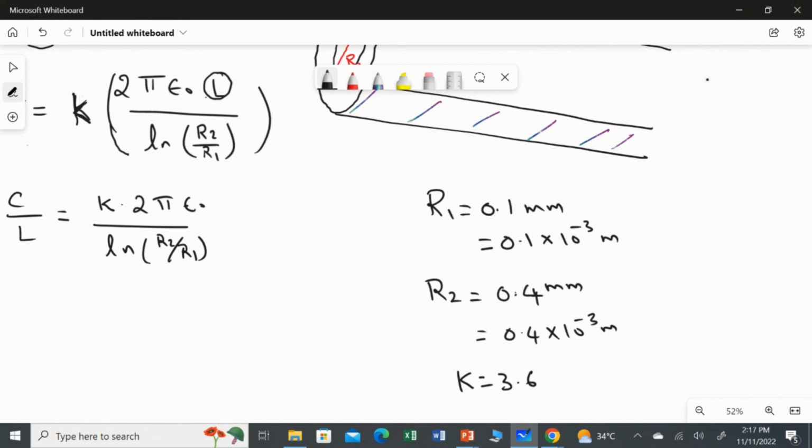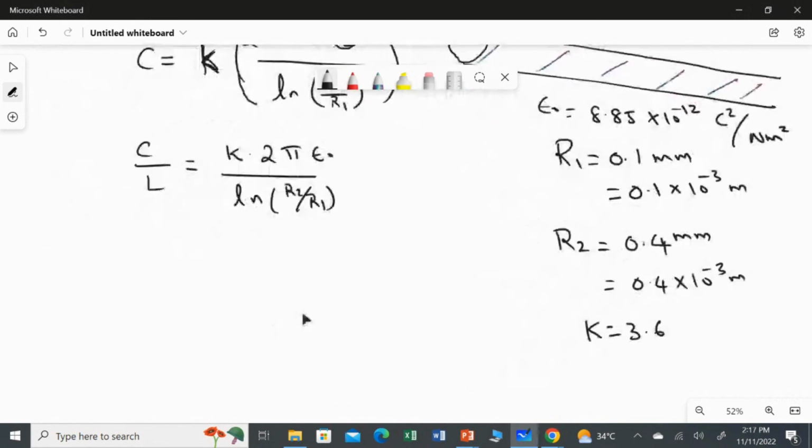So now I'm going to substitute. And the epsilon naught is the constant. What's the value of the epsilon naught? Which is 8.85 multiplied by 10 power minus 12 coulomb square over Newton meter square. So now I'm going to substitute the value for getting the value of capacitance over meter.